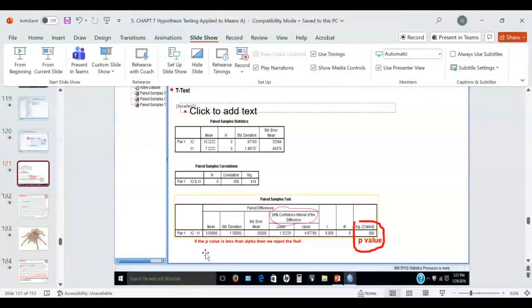If that number right there, I wrote it in red, if the p-value is less than alpha, then we reject the null. P-value is 0. Alpha is 0.01. Yes, it's less than alpha. So we reject the null according to this.